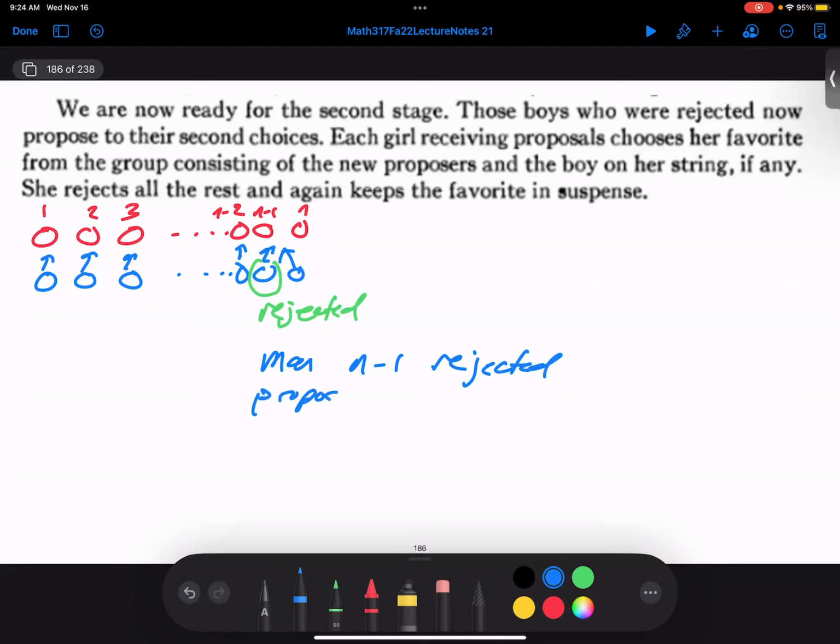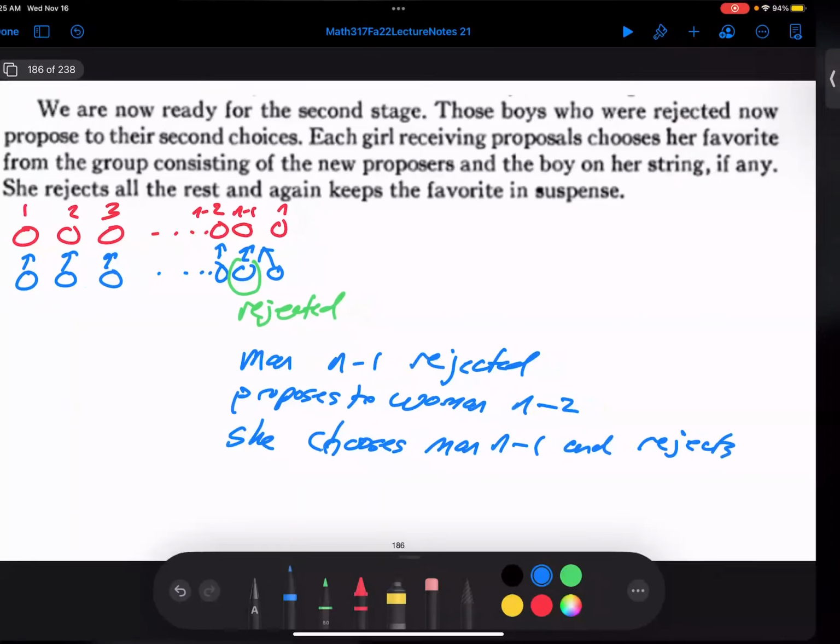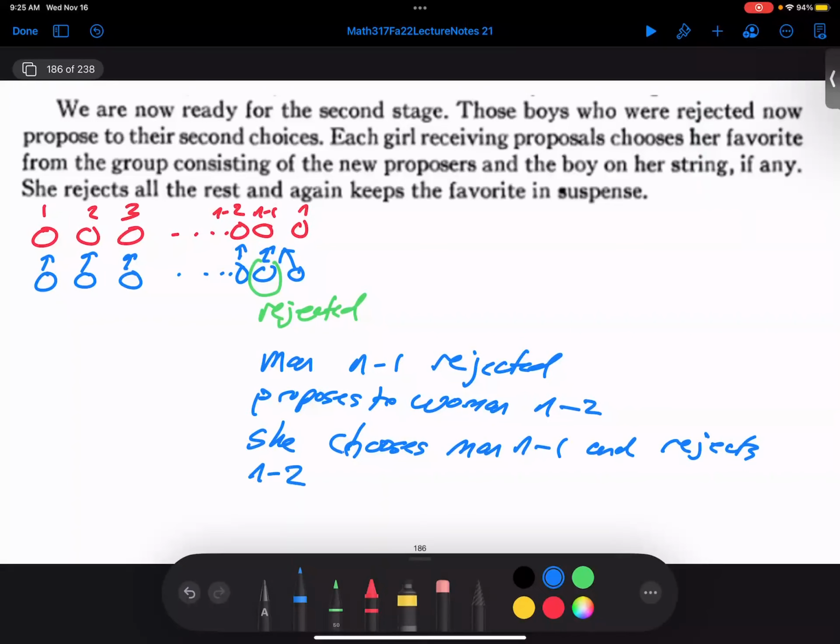Say he proposes to woman n-2. She chooses maybe man n-1 and rejects n-2. So now n-2 is rejected. Again, I'm just doing a specific situation. You could have, of course, maybe 5 men were rejected on the first round, and then they're proposing to more people. Is everybody clear on how the second round goes?